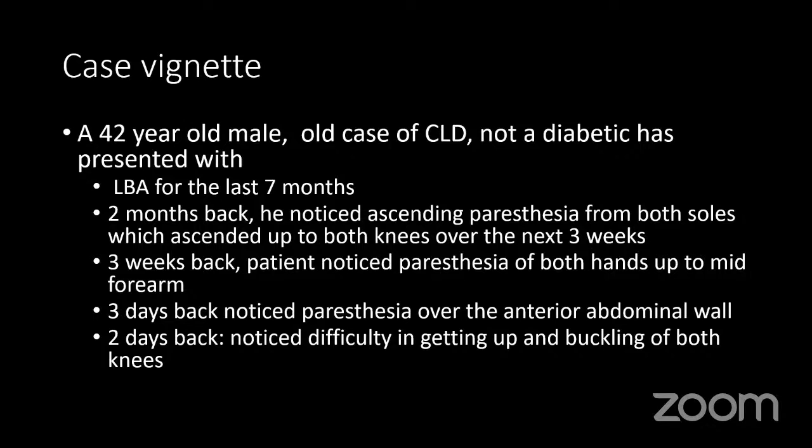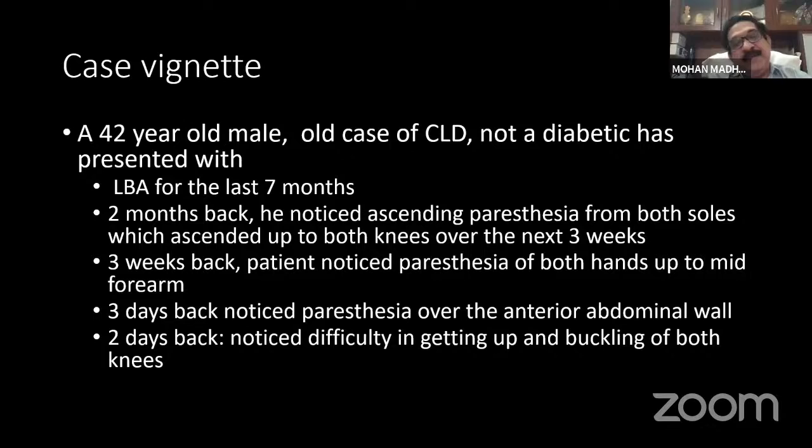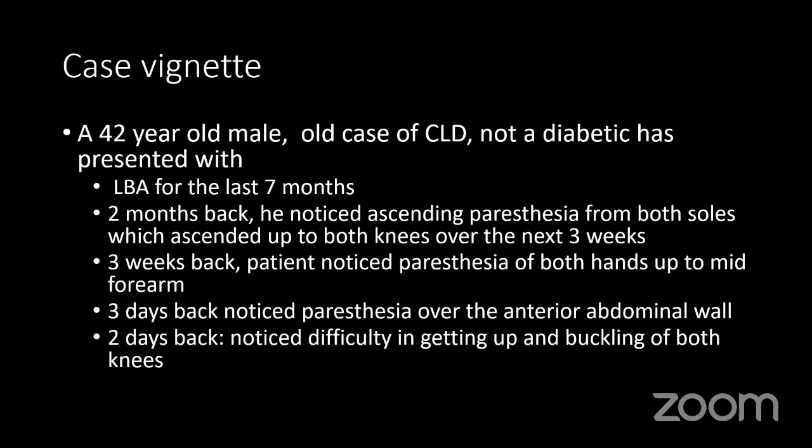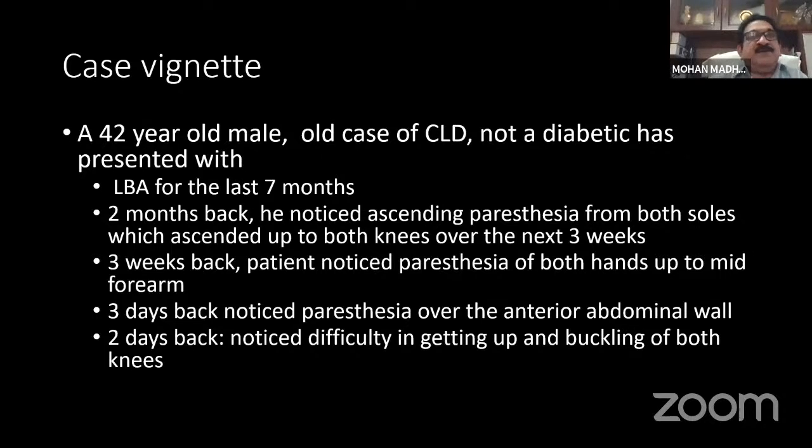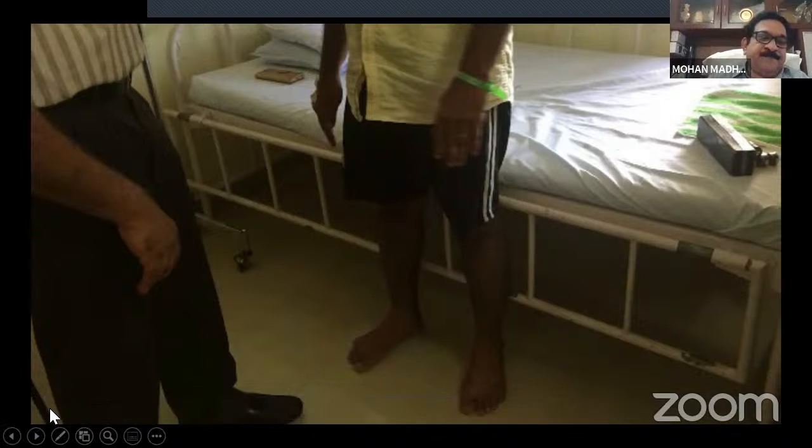Can't you think of a myelopathy? Yes, that's a possibility, but more like a peripheral neuropathy, because paresthesia is confined to the anterior abdomen. So peripheral neuropathy or radicular neuropathy, because he has proximal weakness. That's a good possibility. Let us see the findings in this patient.